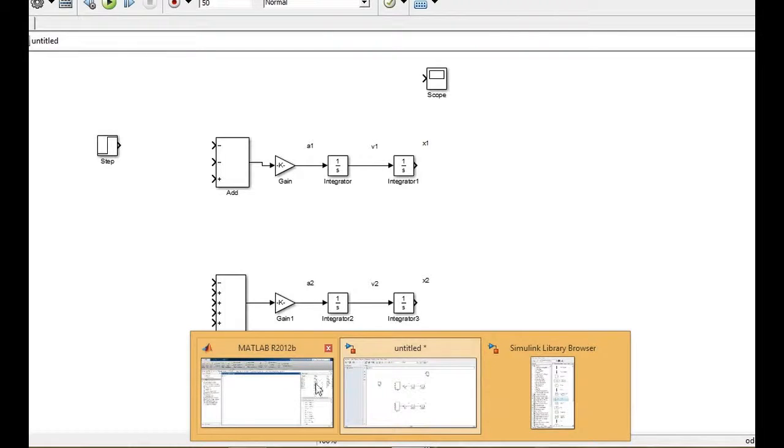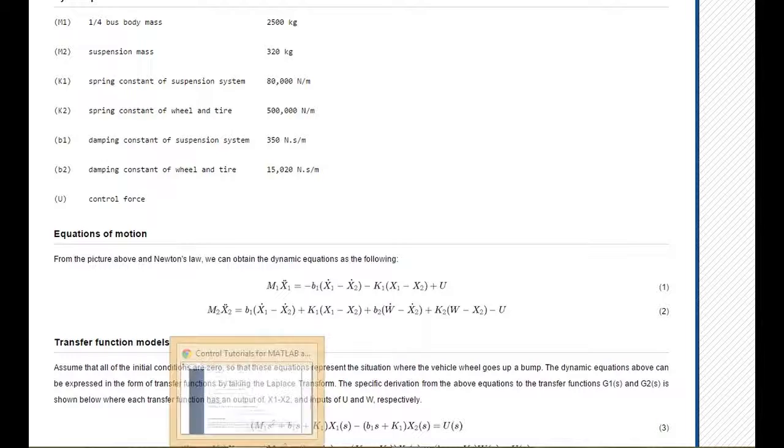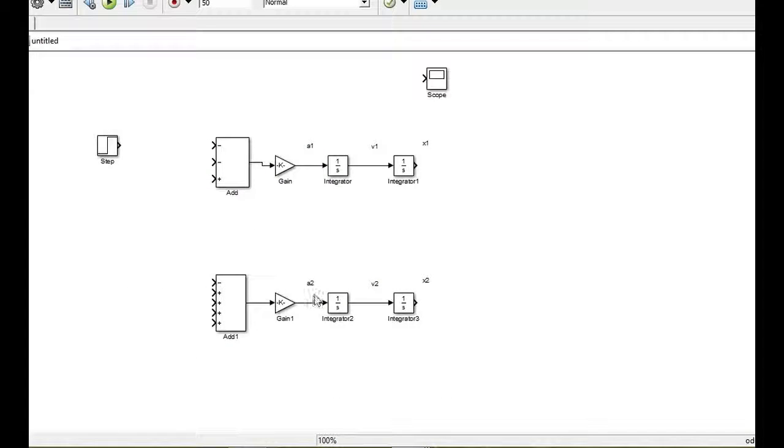Now I just have to go through the equations, and according to equation 1, it is minus b1 times x1 dot minus x2 dot, right? So I'll take x1 minus x2 times b1, that's what is according to the equations.